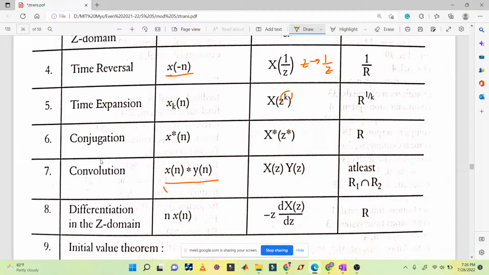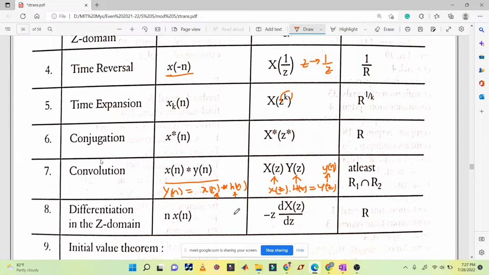We are not going to perform convolution. Instead, we will find the z transform of x of n, find the z transform of h of n, and multiply both. When we multiply both, we will get y of z. After getting y of z, we will take the inverse z transform to get y of n. So that is the convolution property.